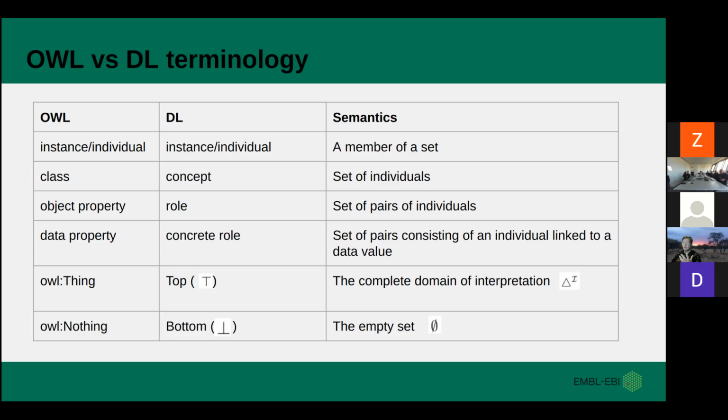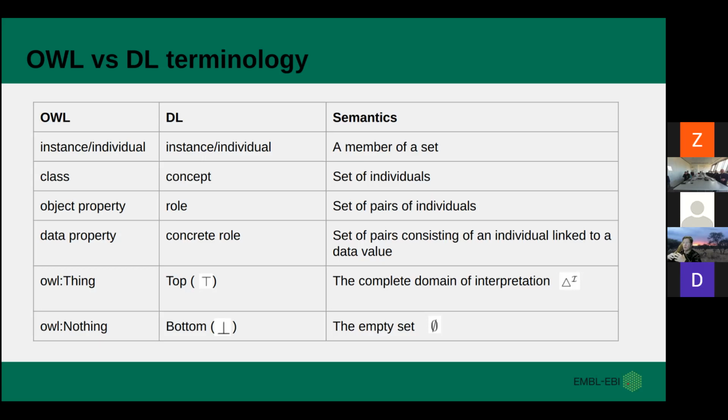Then your maximal domain of interpretation is owl:Thing in OWL. In description logic, this is referred to as top, and it's represented by this sign that looks almost like a capital T, but it isn't a capital T. If you use LaTeX, that's the tool for representing mathematical symbols, it's represented by \top.